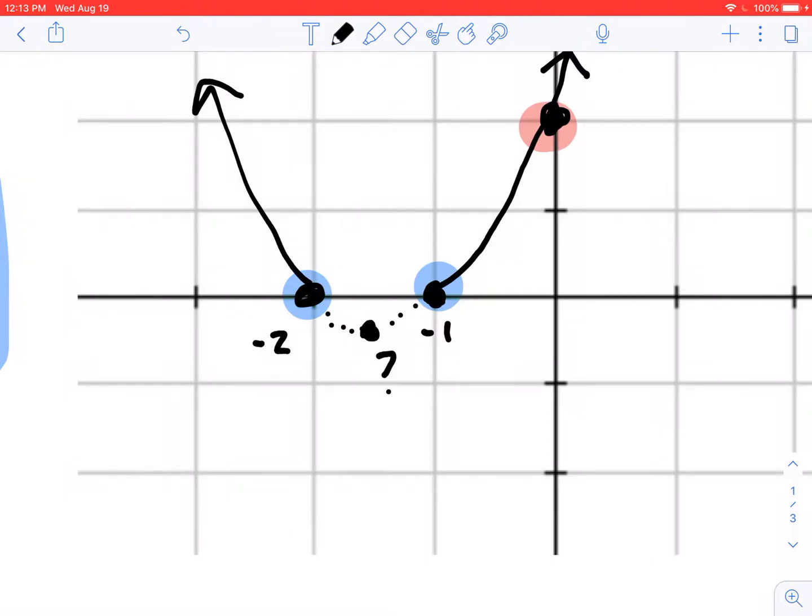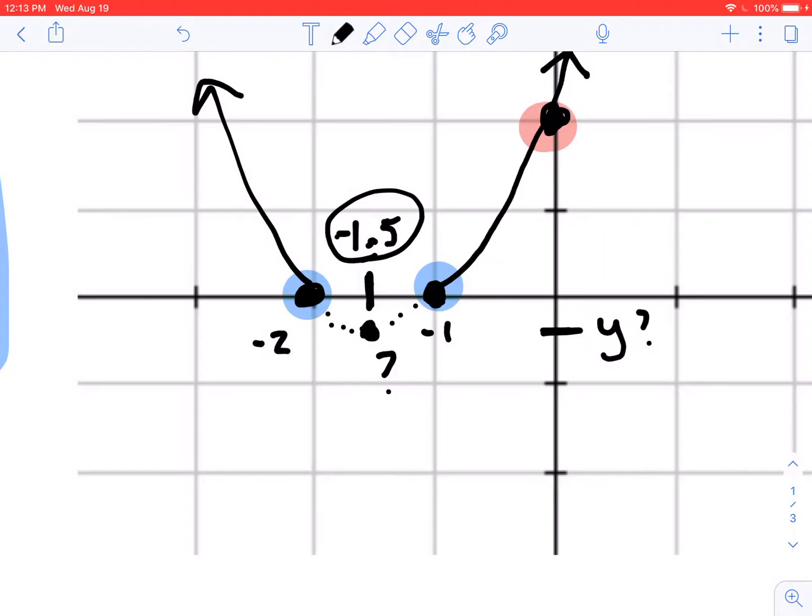And maybe a lot of you are saying, well, what if you just found the halfway point between -1 and -2, maybe -1.5, and said, okay, when x is negative 1.5, then y is what? That's going to be our strategy here. We know it crosses the x-axis at negative 2 and negative 1.